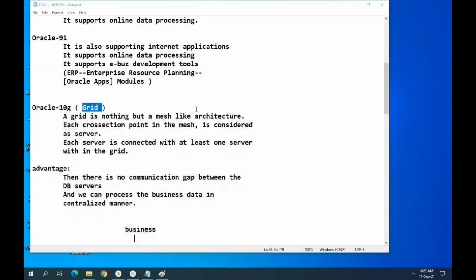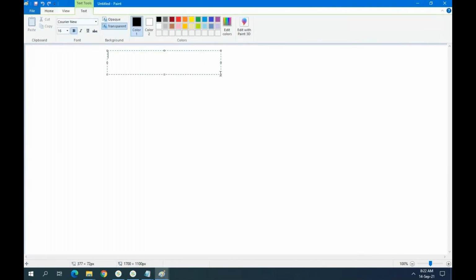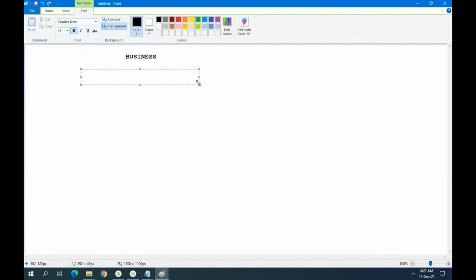Grid means, see, you have a business. The business has branches: branch 1, branch 2 and branch 3. Let me consider only three branches.